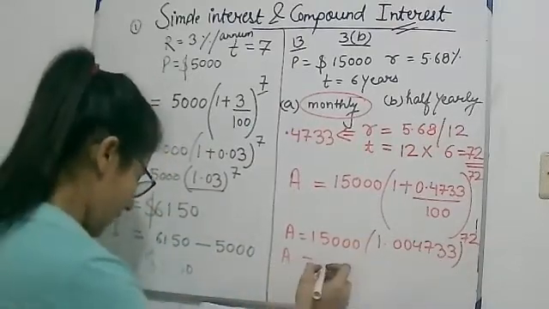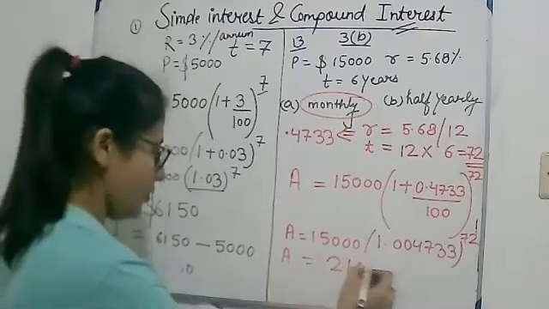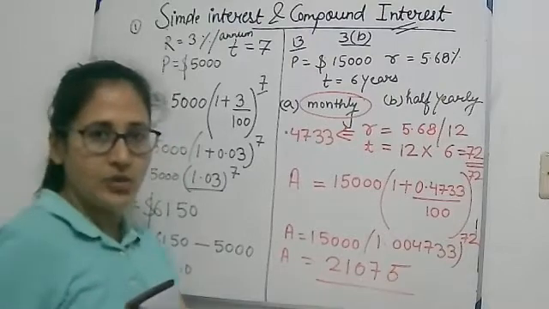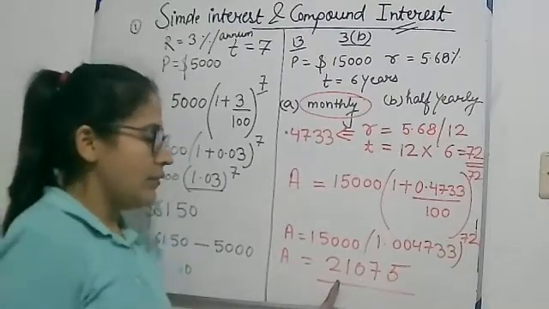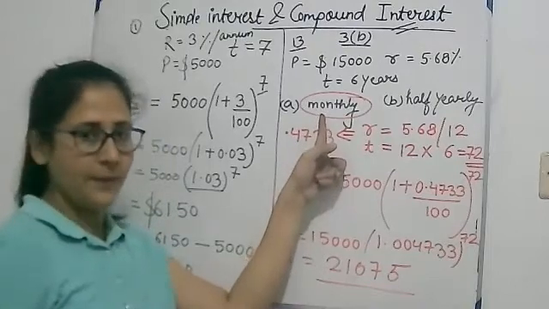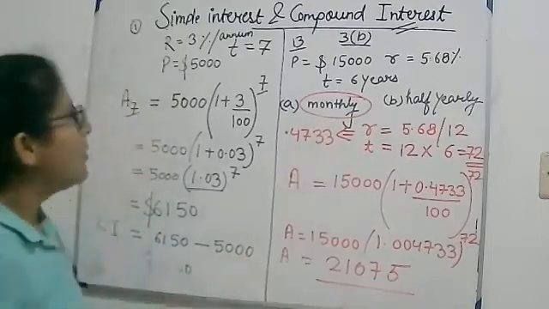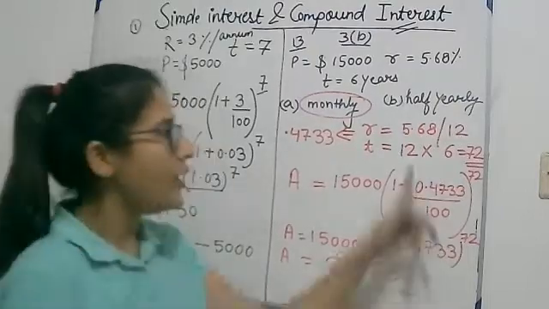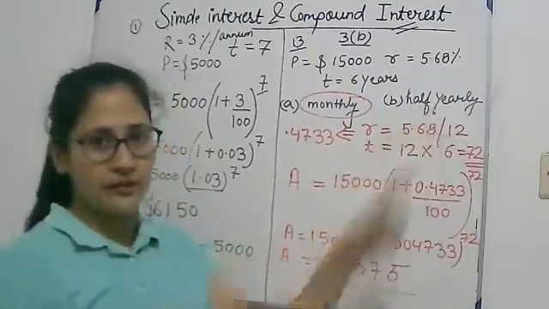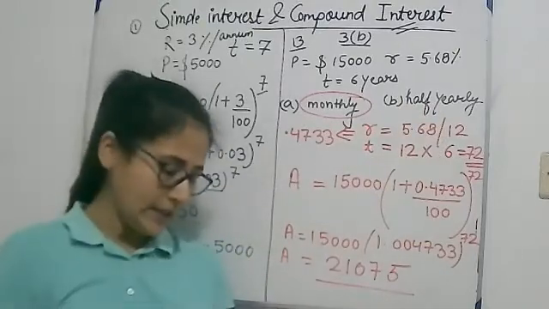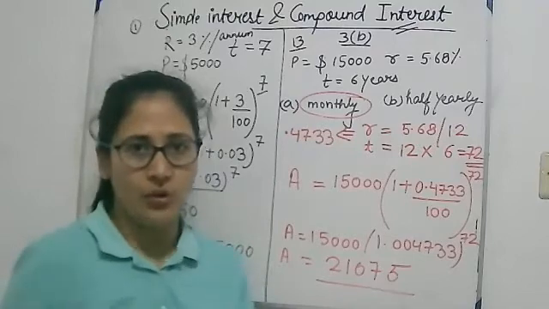So the value of A here is 21,075. This is the amount for monthly. Now these two questions I already told you how to do. For half yearly, you do it yourself. And the questions from your book, question numbers 9, 13, 14 and 15, are your homework.